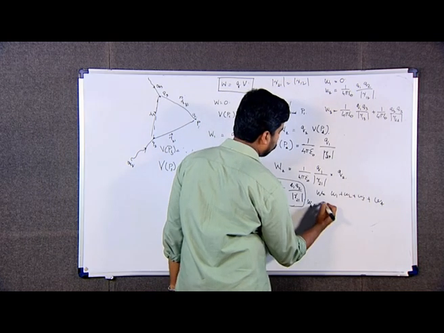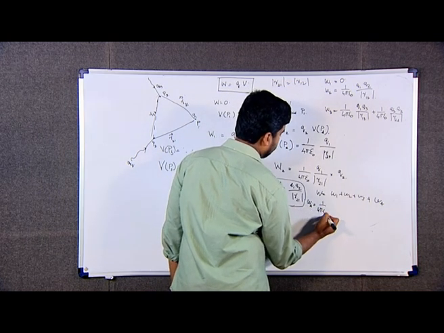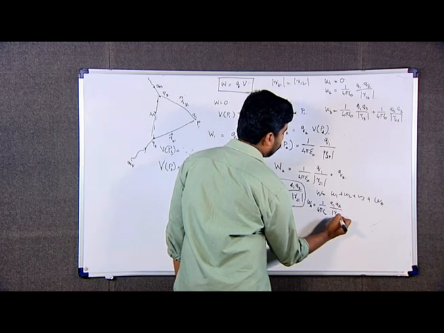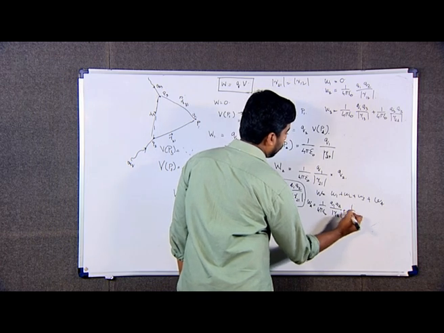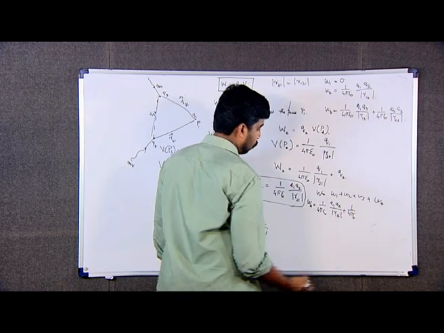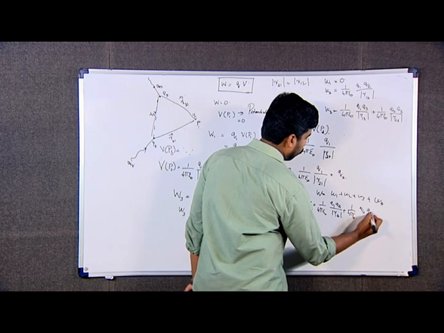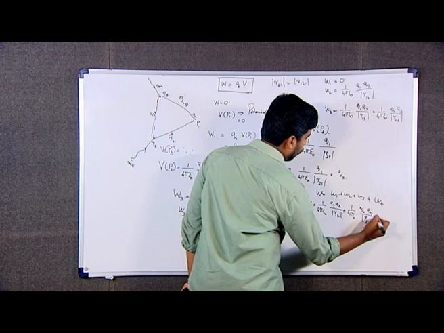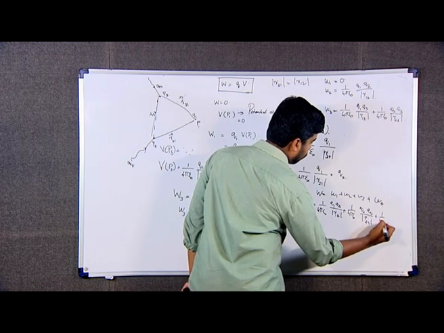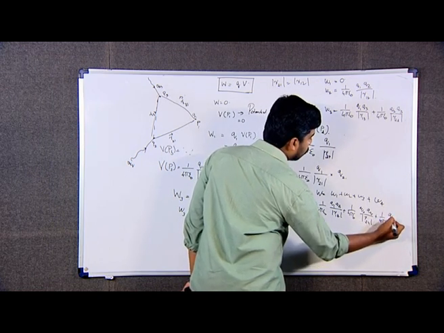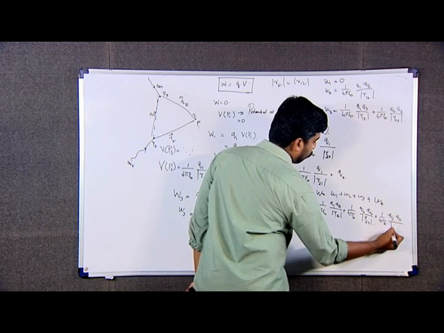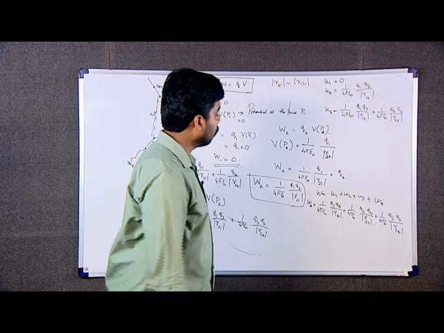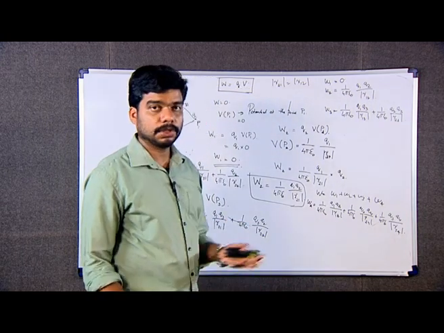W4 will be equal to 1 by 4 pi epsilon 0 Q1 Q4 by modulus of R14 plus 1 by 4 pi epsilon 0 Q2 Q4 by modulus of R24 plus 1 by 4 pi epsilon 0 Q3 Q4 by modulus of R34.